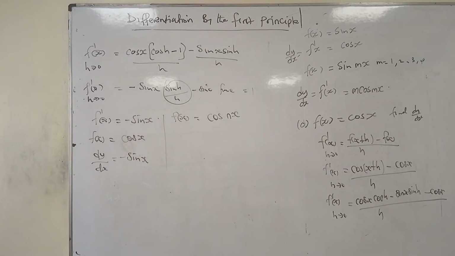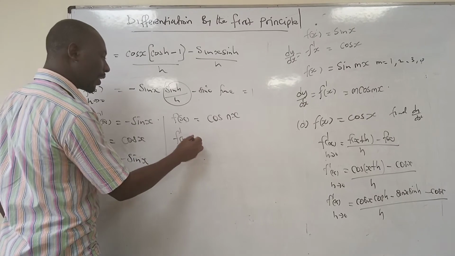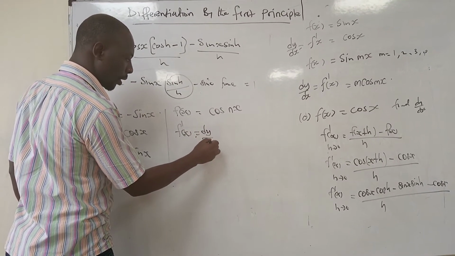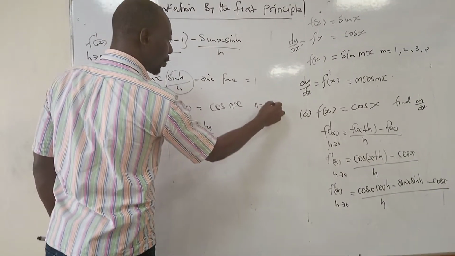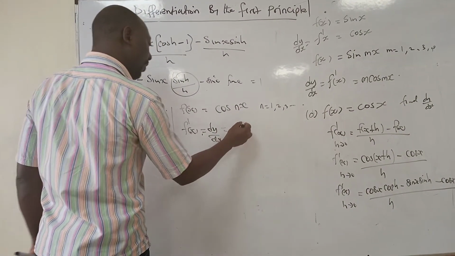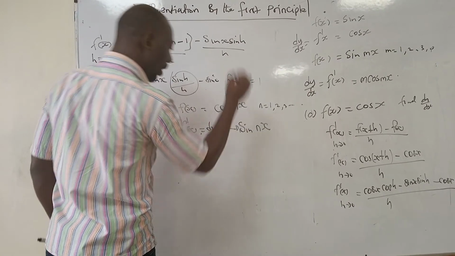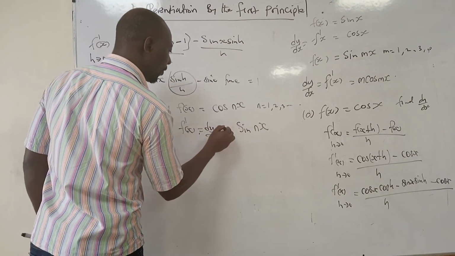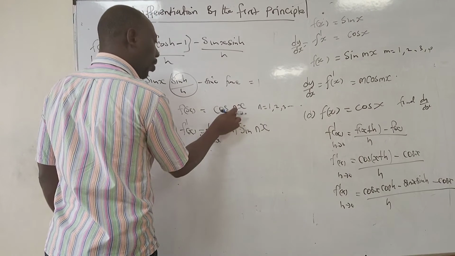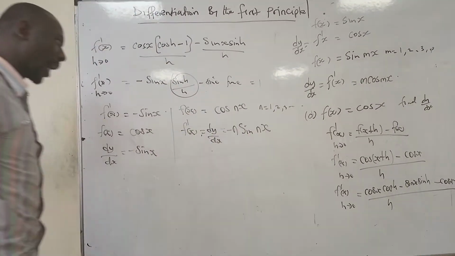The derivative, which is dy over dx of such a function, when n is 1, 2, 3 of such integers, shall be negative sine of nx with n preceding. Negative n sine of nx. The coefficient is multiplied first with a negative sign and the cosine changes to sine.